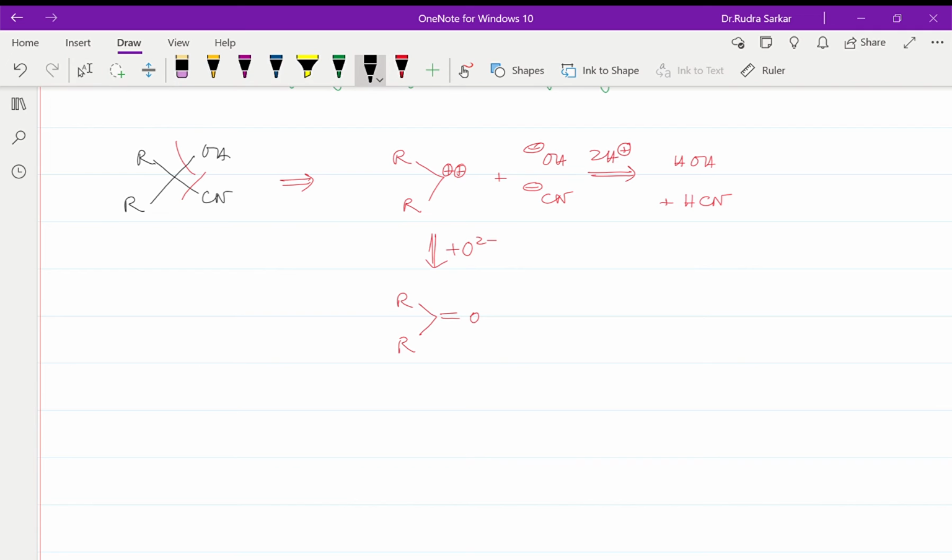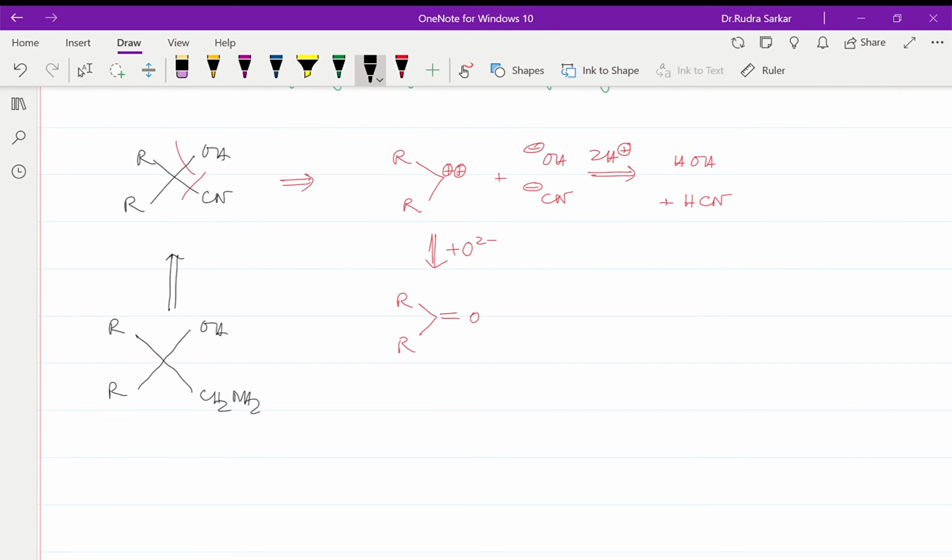Okay, so that is what we have done. Besides this, we know whenever a cyanide is reduced, it goes to CH2NH2. So if we think that instead of a cyanide there is a CH2NH2, then what is the molecule we can say? We will say it is R, R, OH, CH2NH2.